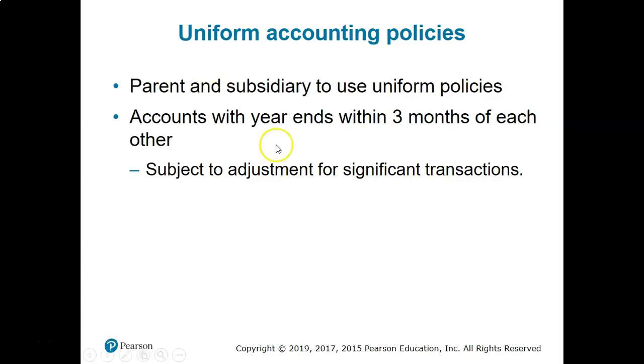As I mentioned before, uniform accounting policy should be applied by the parent and also by the subsidiaries, and accounts with year ends within 3 months of each other. So within 3 months after the end of the accounting period, they need to adjust significant transactions between the organizations and need to prepare the consolidated financial statement.